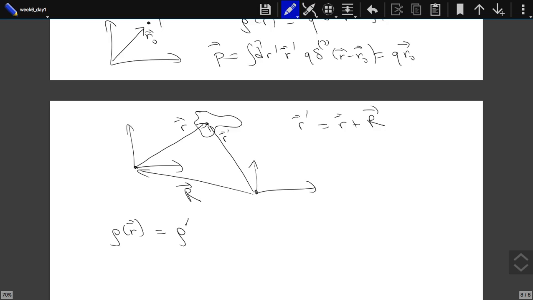Let me denote it by rho prime, because it will have a different functional form, evaluated at the point R prime. So basically, both R and R prime refer to the same physical point, and the charge density at that physical point should be the same. So this is why I have this equality.